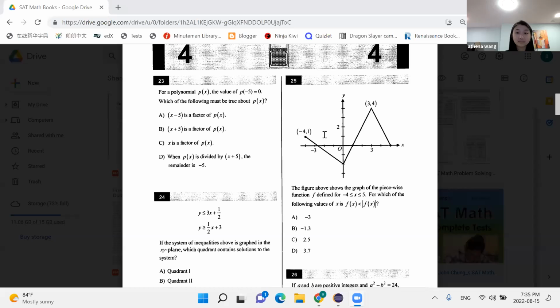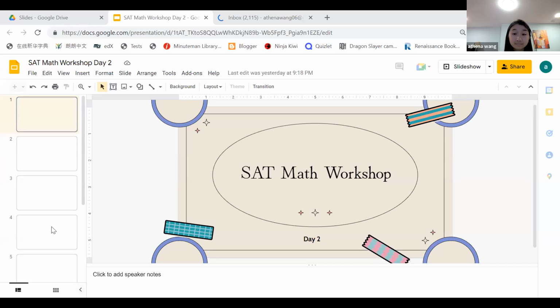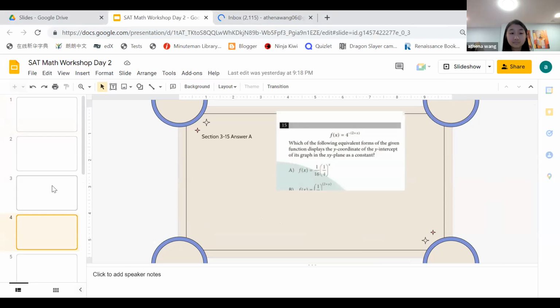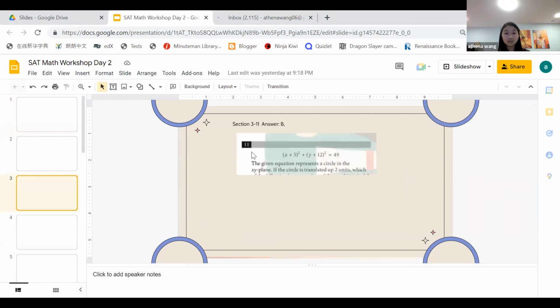The first one was on the no calculator section. Okay, it is loading. Oh, it's this one.